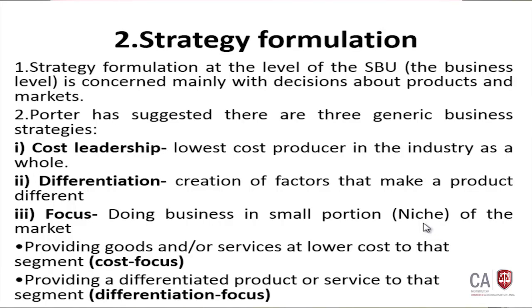Then Ansoff will also be considered, but Ansoff can also be identified under institutional strategies if you want. Looking at the PowerPoint slide, strategy formulation at the level of the SBU, the business level, is concerned mainly with decisions about product and market. Here we will discuss what decisions we can take in relation to product and market.